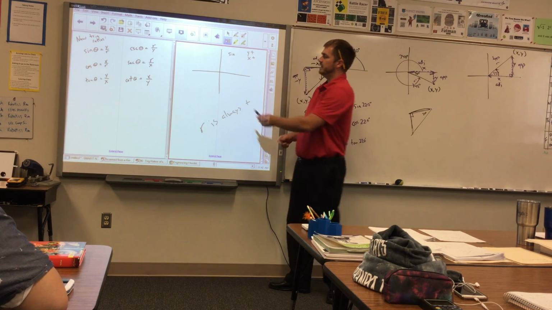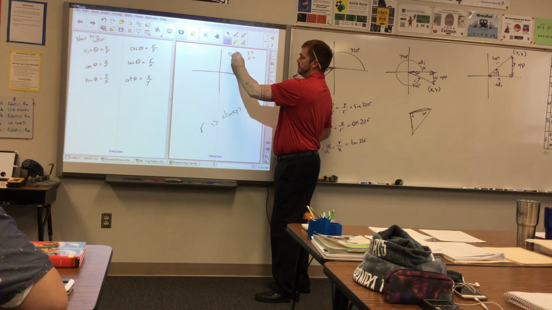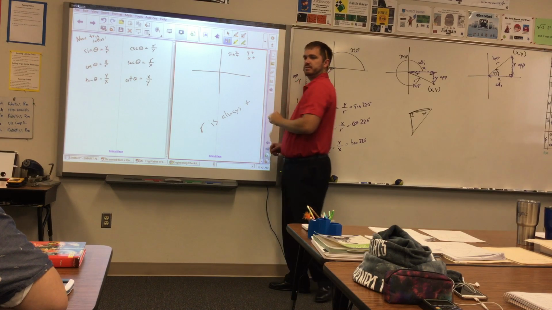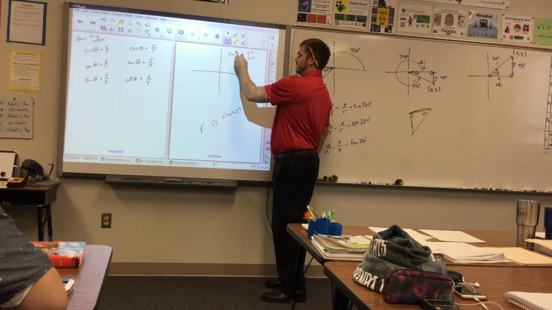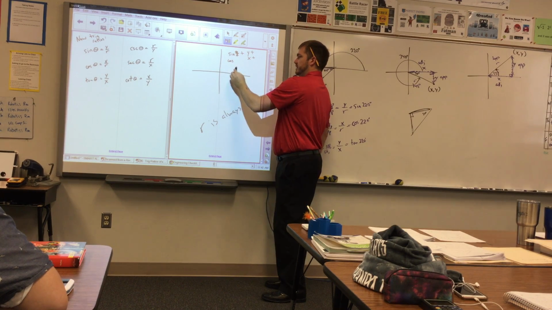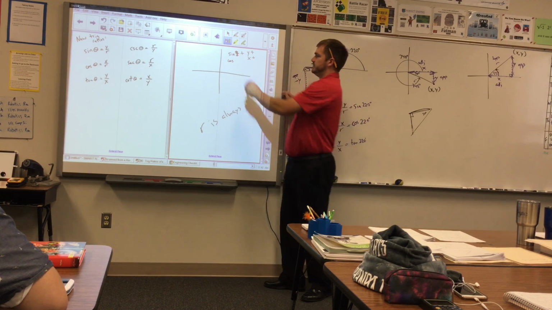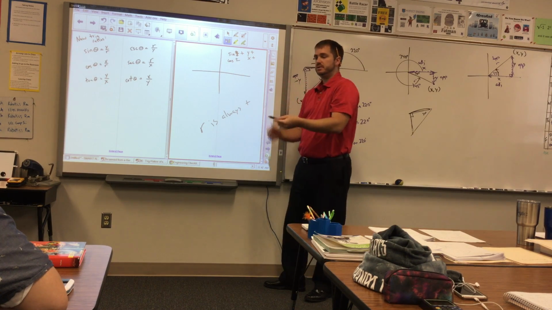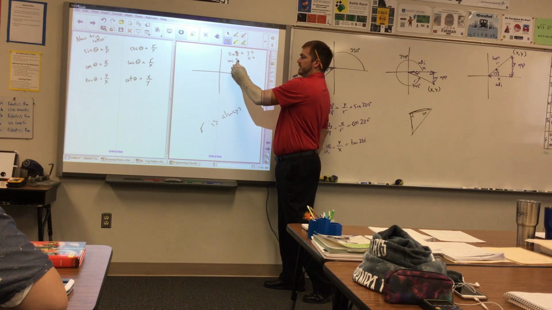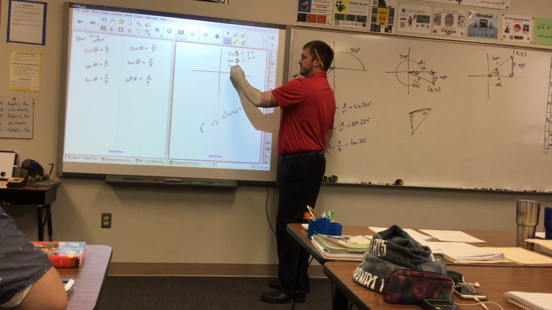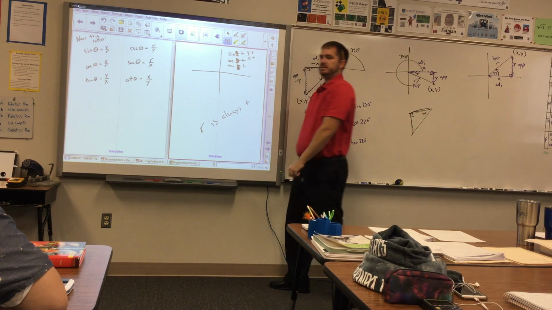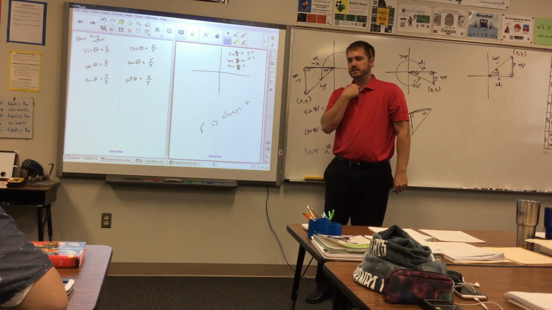So let's think about the sign. It's going to be the y over r. So a positive over a positive, which is positive. Cosine. It's the x, which is positive, over the r, which is also always positive. Positive over positive, positive. Tangent. Y over x, so a positive over a positive, also positive. First quadrant's kind of boring, actually. They're all positive.